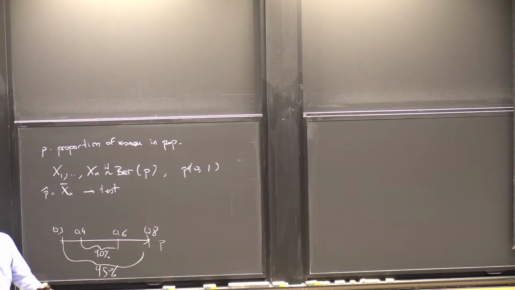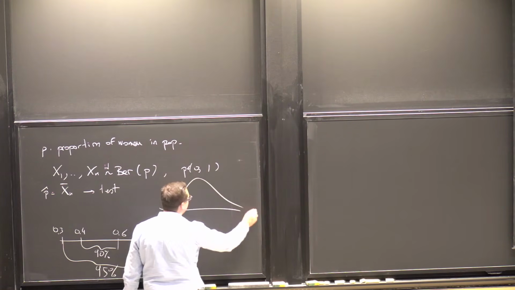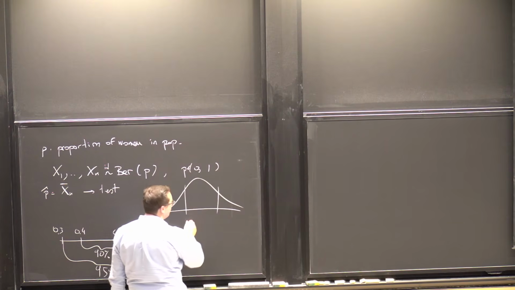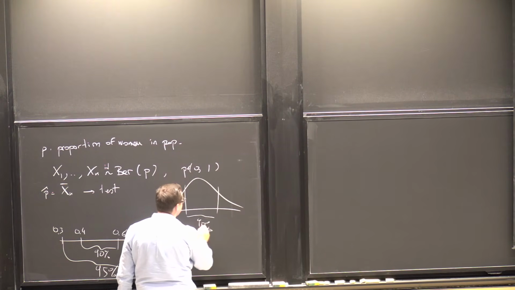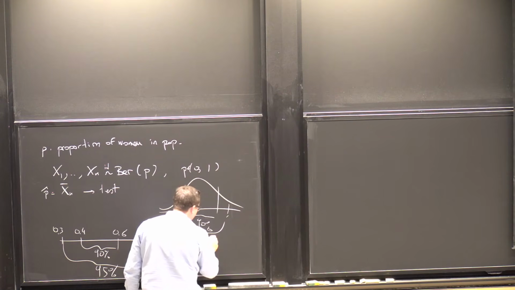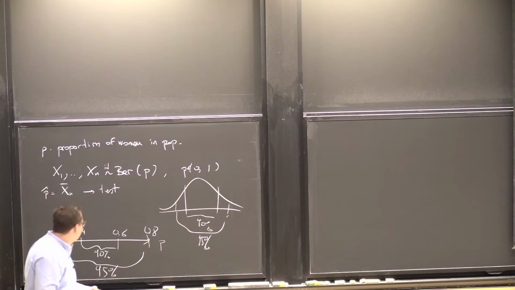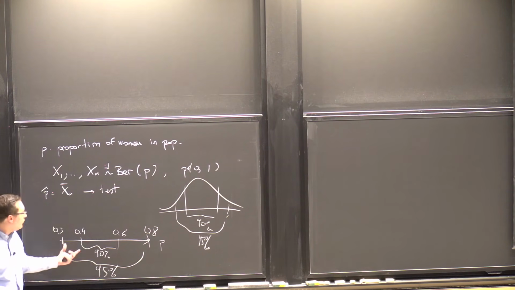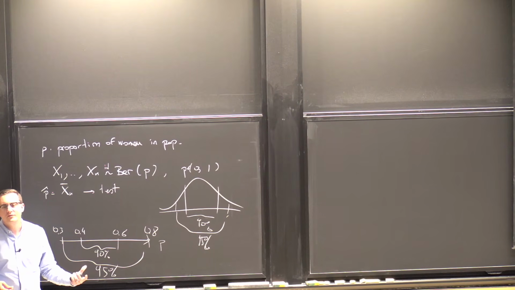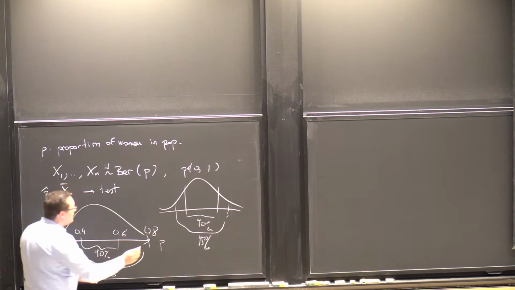And if you remember, this sort of looks like the kind of pictures that I made when I had some Gaussian, for example. And I said, oh, here we have 90% of the observations. And here we have 95% of the observations. So in a way, if I were able to tell you all those ranges for all possible values, then I would essentially describe a probability distribution for P. And what I'm essentially saying is that P is going to have this kind of shape.